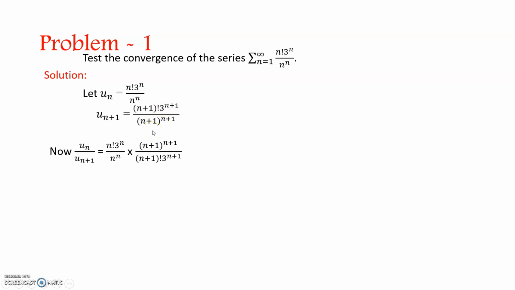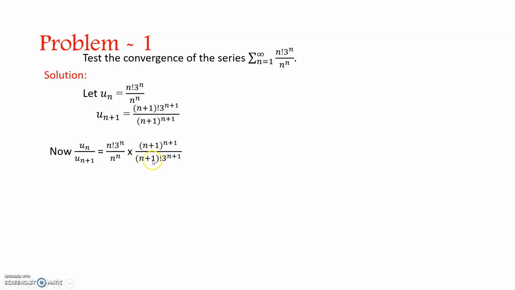So now we have to divide un by un plus 1, equal to n factorial 3 power n by n power n into, for this un plus 1, take the reciprocal, n plus 1 whole power n plus 1 divided by n plus 1 factorial into 3 power n plus 1.